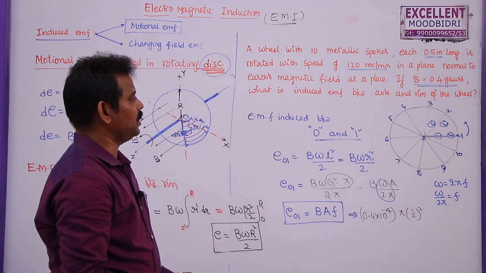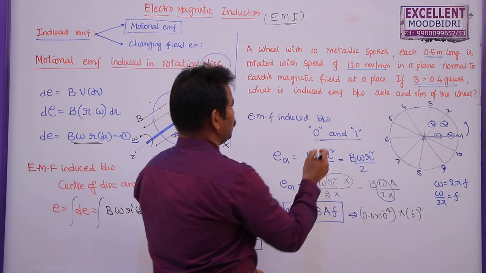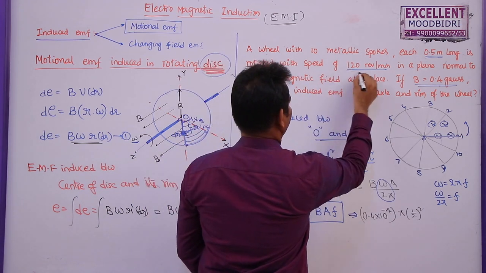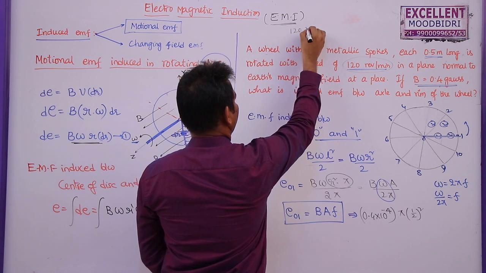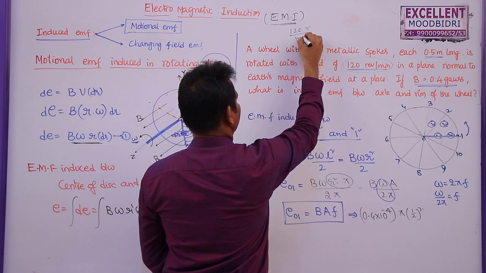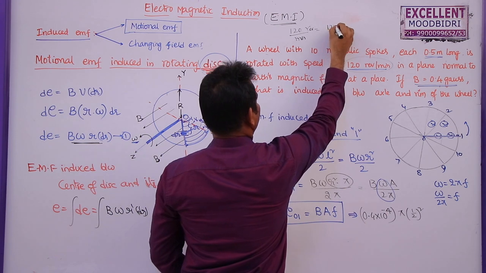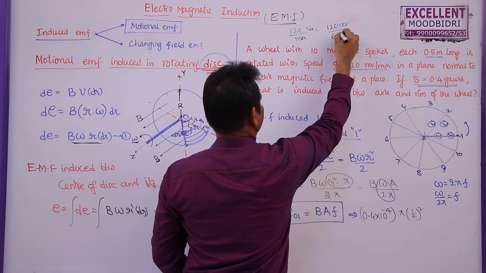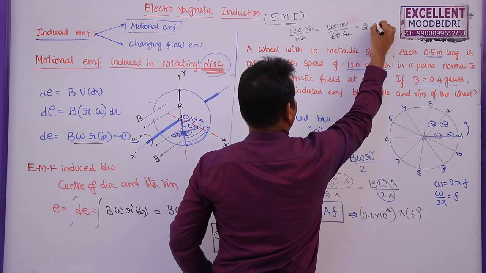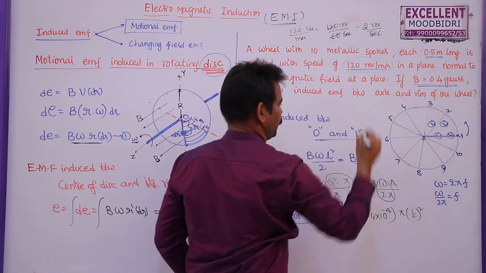And what is the frequency here? Here the wheel is rotating at 120 revolutions per minute. So 120 revolutions per minute can be written as 120 revolutions by 60 seconds. So this can be written as 2 revolutions per second.